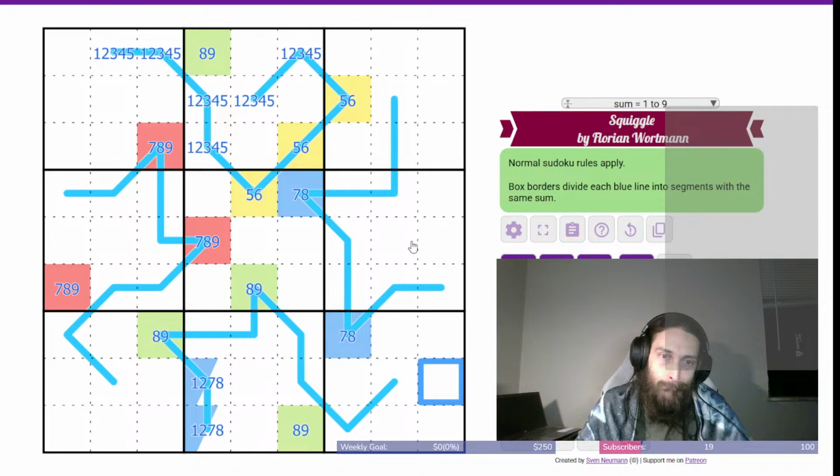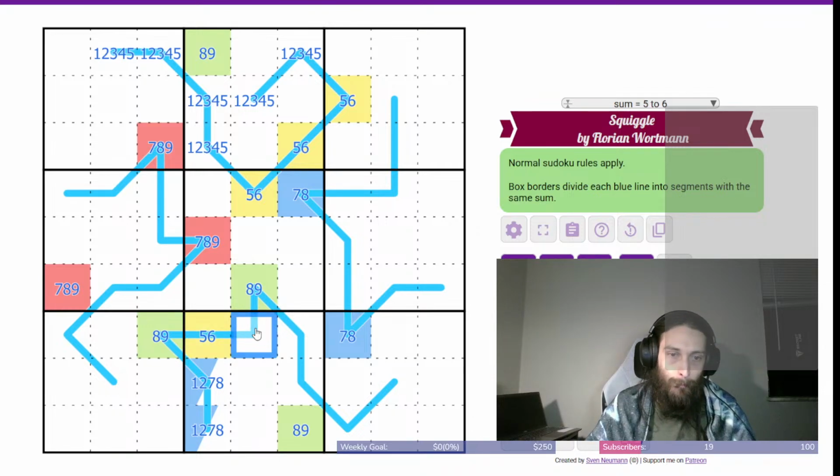And so yellow can be placed in column 4. Oh, no, because it could be 5 up there in box. Oh, no, it can't be in box 2. Okay, yeah. It can be placed because it's 5 or 6.